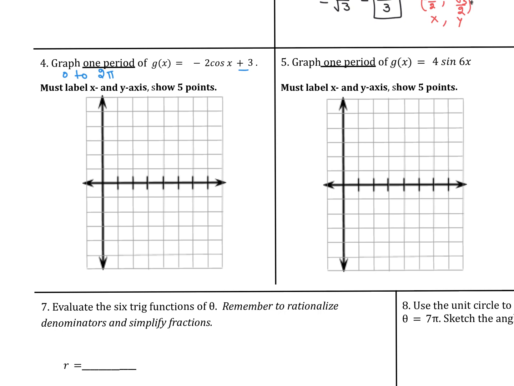So also pay attention that this is your original 0, pi over 2, pi, 3 pi over 2 and 2 pi graph or x-axis. If you move this 3 units up, so 1, 2, 3, and this is the line of the graph now, and it's moved 3 units up because it's plus 3.